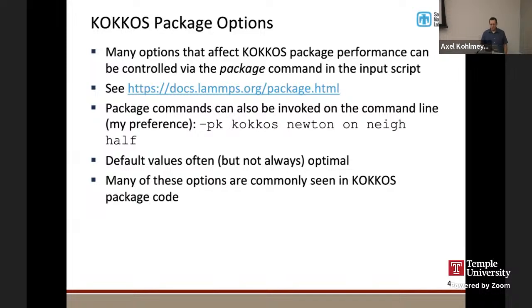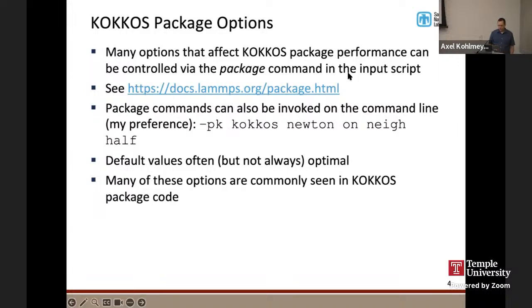Okay, so in the Kokkos package, when I write all caps KOKKOS, that means the Kokkos implementation in LAMMPS. Kokkos, not all caps, is just the Kokkos library, but KOKKOS all caps is the Kokkos package. There are many options that affect performance that we can set inside the Kokkos package.